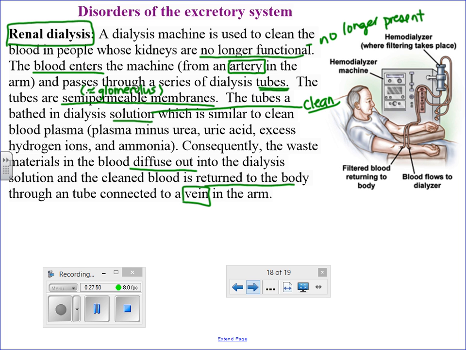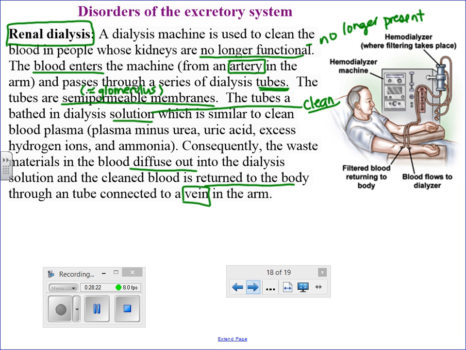It does a decent job, but people who are on dialysis would have to have it happen sometimes more than once per day, and it takes several hours, a really long time, whereas your kidneys would be doing it constantly all the time. When a person's on dialysis, unless they want to sit next to the machine all day, their entire blood supply gets cleaned once, and then they leave, go away from the machine, and they come back, and they have to wait for their entire blood supply to get cleaned again. So it takes a really long time.